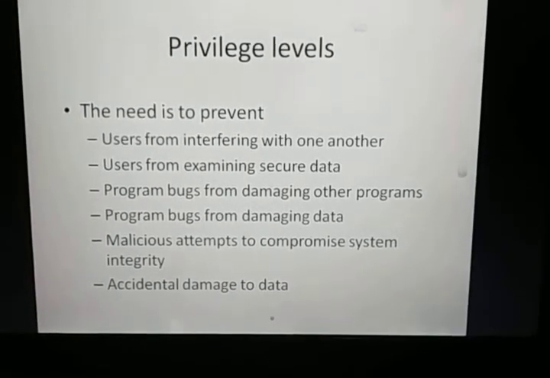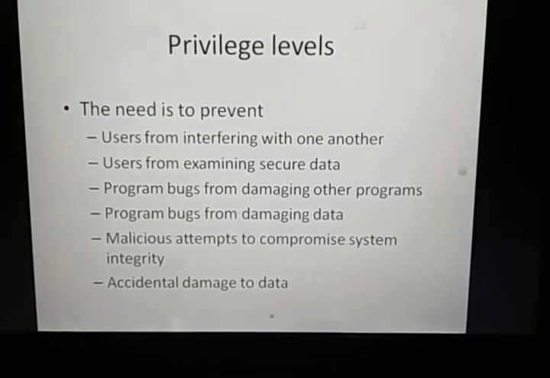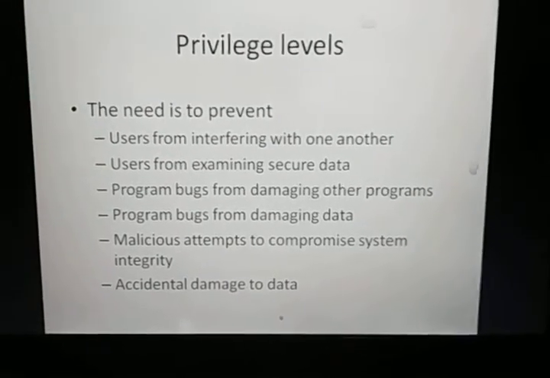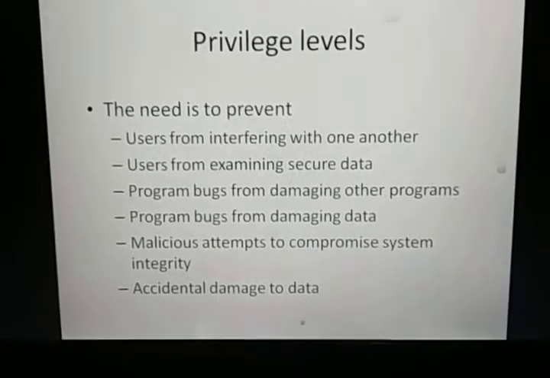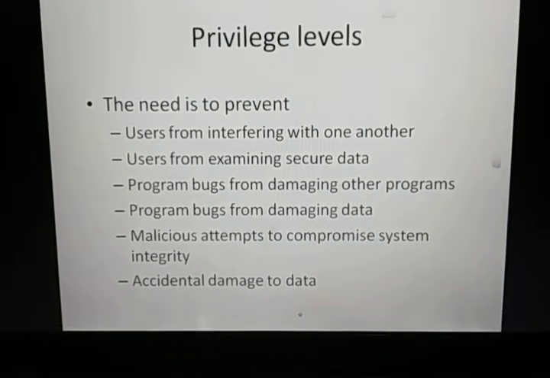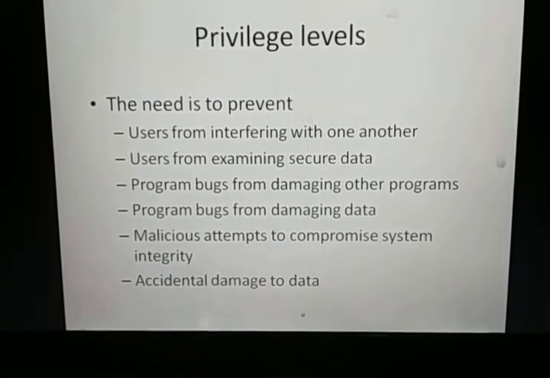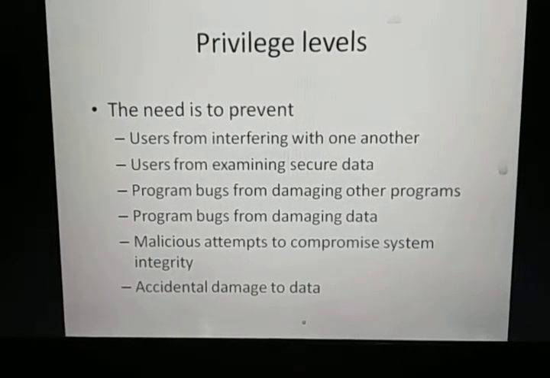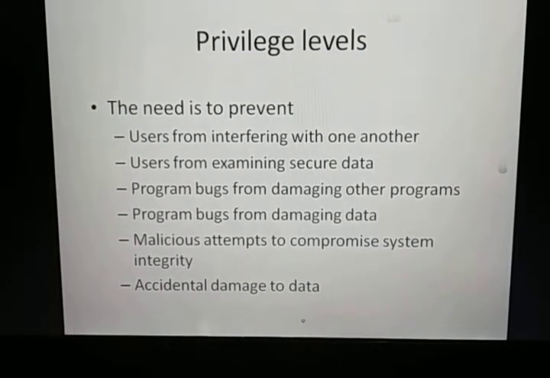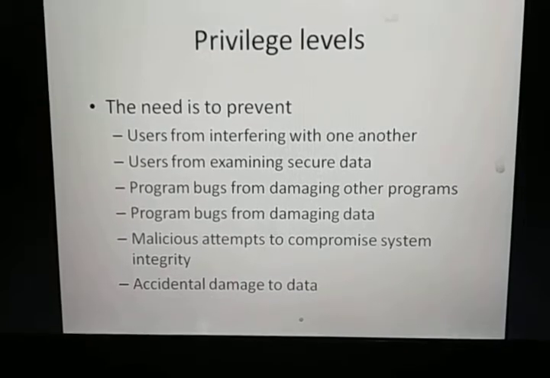This is the need for protection, because in a multitasking environment the processor executes many processes at the same time, so we have to protect one process's data from another process's data.